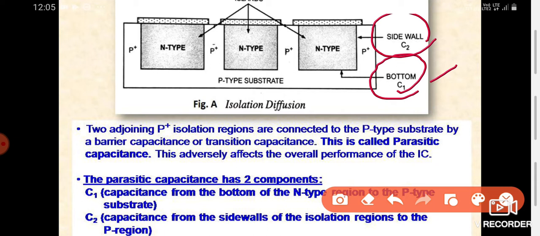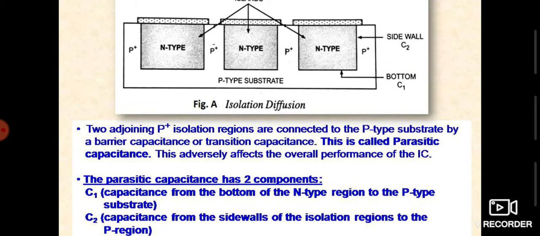Okay, so this is the capacitance between these 2 regions. So all these processes are very crucial, and the capacitances play a very vital role in deciding the overall performance of the IC to some extent.